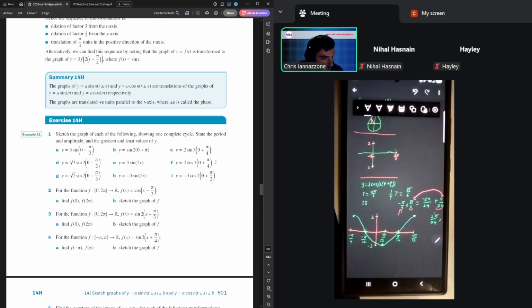Fine with any? Sure. Let's have a bit of variety then. Yeah, let's make sure we're putting in at least a horizontal translation. Let's go with part D.